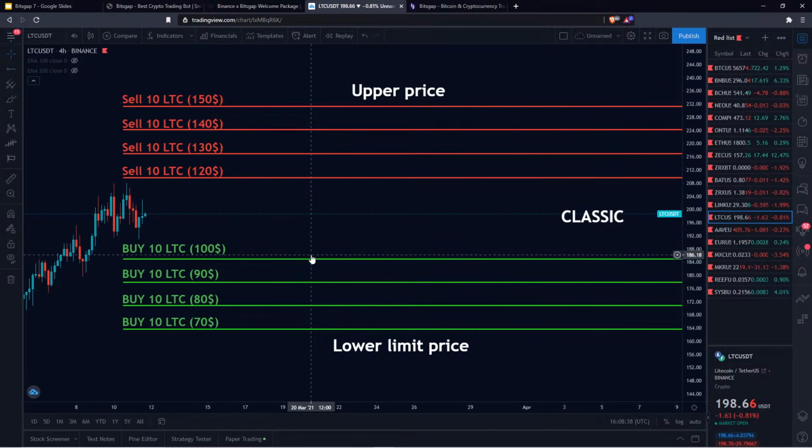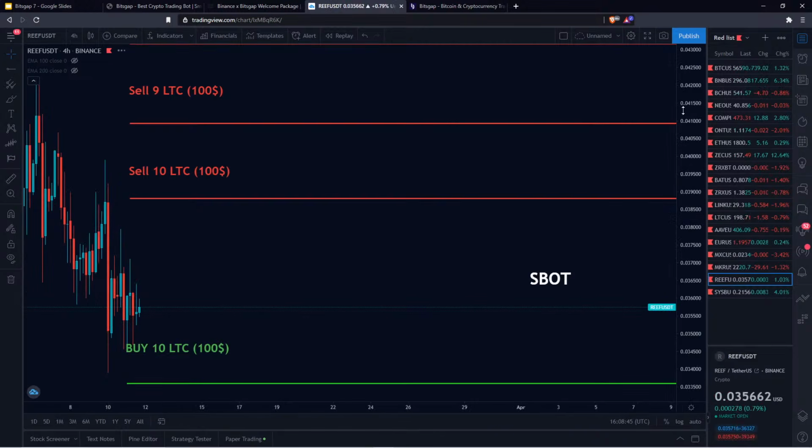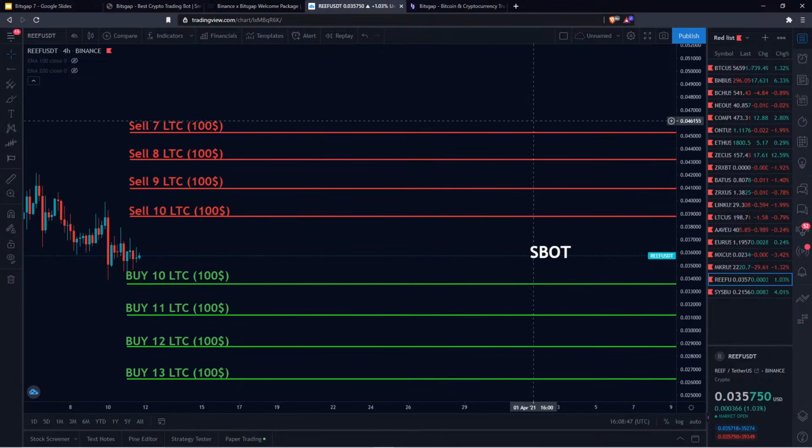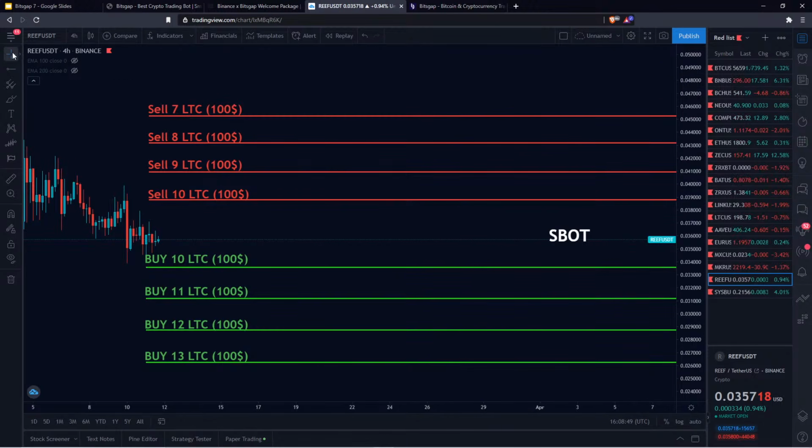Whereas in the case of the SBot, and I think the example here is in Reef, it utilizes another logic. It makes sure that it always spends the same investment value per grid.